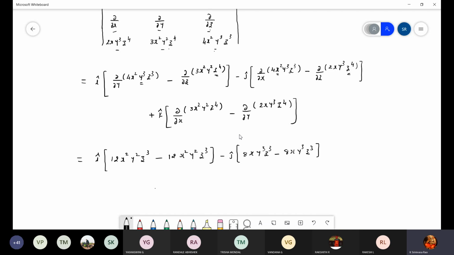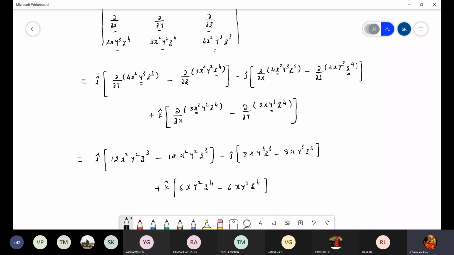And the last one plus k cap into, with respect to x. X square differentiation is 2x. You will get 6x y square z power 4, minus with respect to y, y cube differentiation is 3y square, 3 2s are 6 x y square z power 4. Is it right?